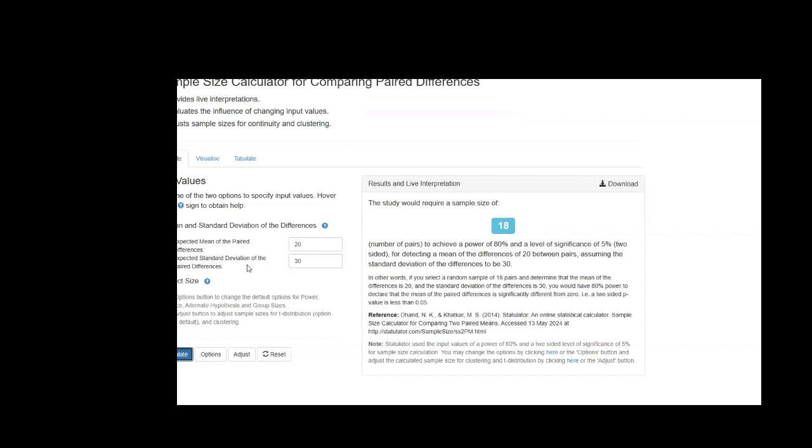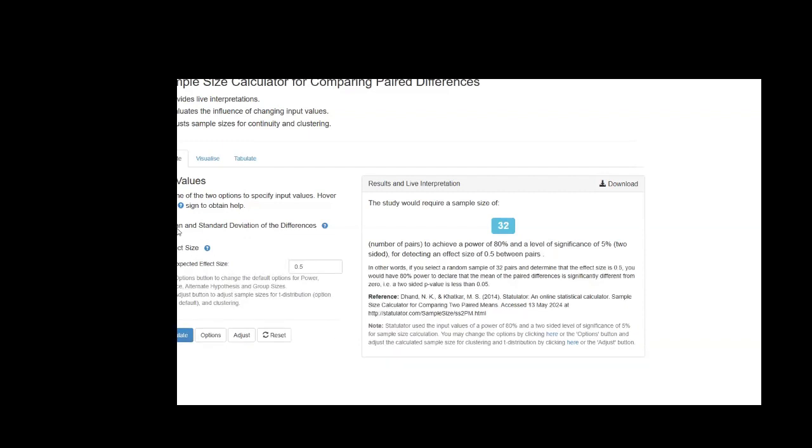So for finding out the number of pairs, you need the standard deviation of change and the clinically important difference. But the standard deviation of change is not available. In that case, you use that formula for finding the standard deviation of change based on the correlation. Here, one method is the effect size.